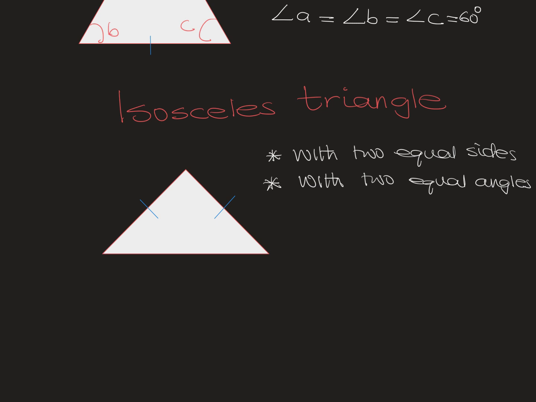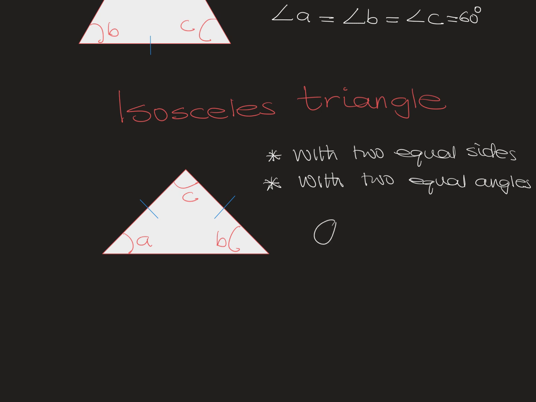So if we should have the angles as A, B, and C, the two angles that are on the base of the triangle will be equal. So this is what we call the base, and the other two sides we call the legs of the triangle. So if this is the base of the triangle, the two angles on the base of the triangle are the ones that are equal.